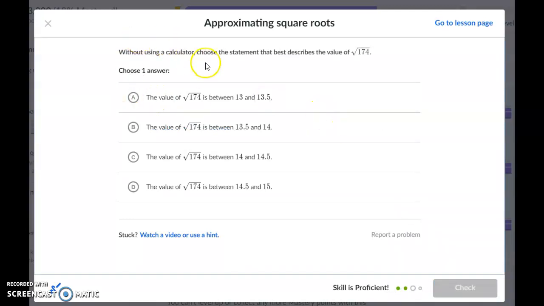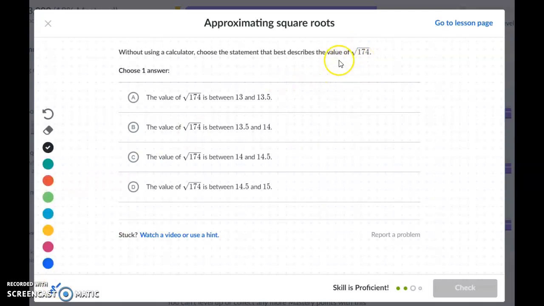Okay, without using a calculator, choose the statement that best describes the value of the square root of 174. We have to figure out approximately what this could be. I remember earlier that 13 times 13, or 13 squared, is 169.